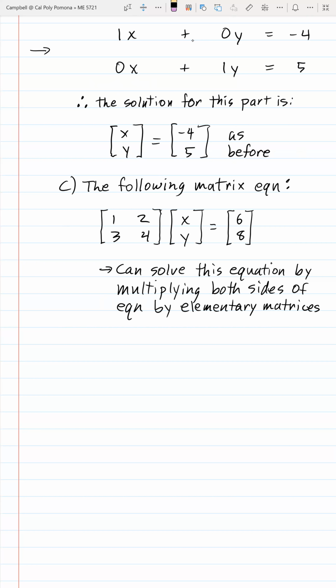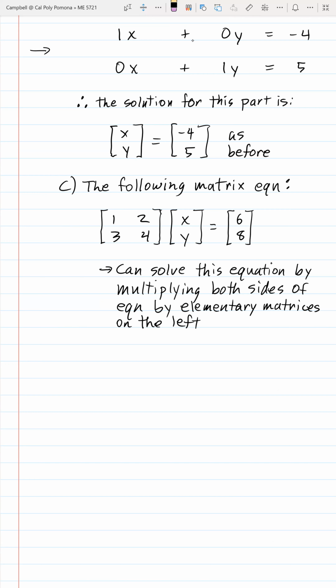Now, remember, it's important to note how I am going to multiply by these elementary matrices, because you can multiply one side of things or the other side. So in our particular case, we'll multiply by those elementary matrices on the left.